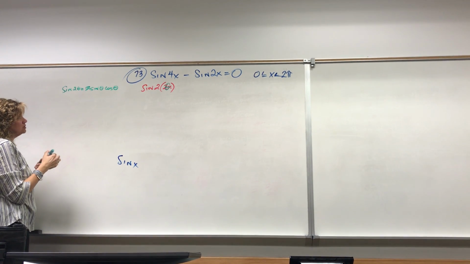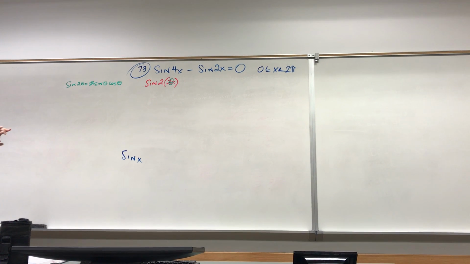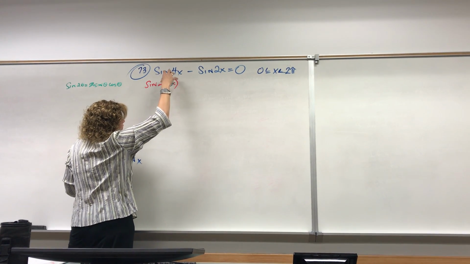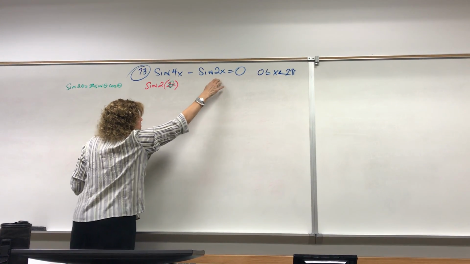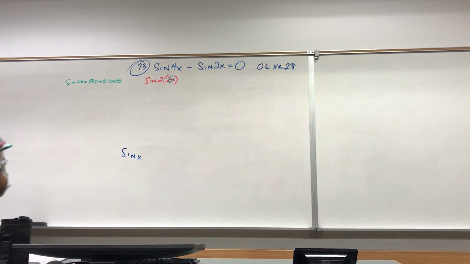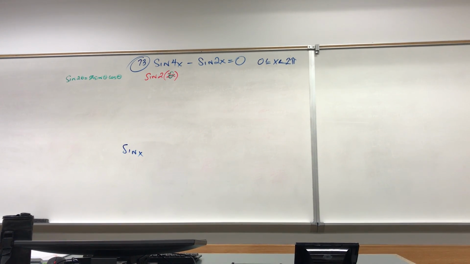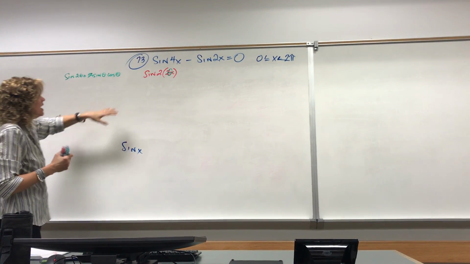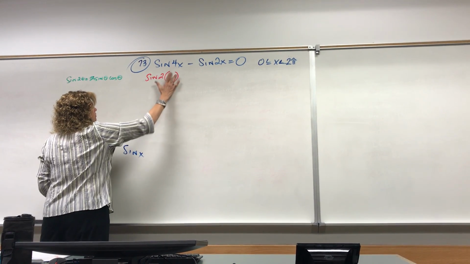So if we actually work that, the problem being right here is we have the sine of 4x and the sine of 2x. We have two different arguments in the same equation. They're not squared, and we want to try to get the same type of angle. It's okay if we're in terms of 2x. So that's actually what we're going to do.